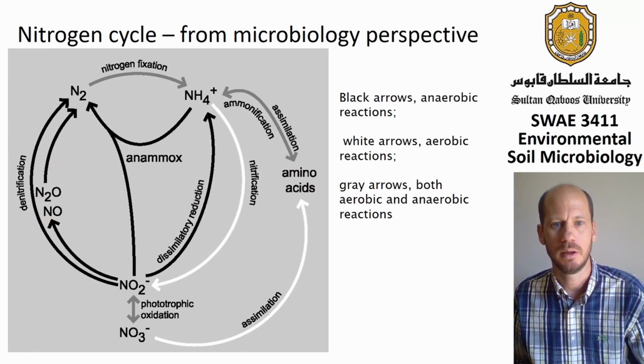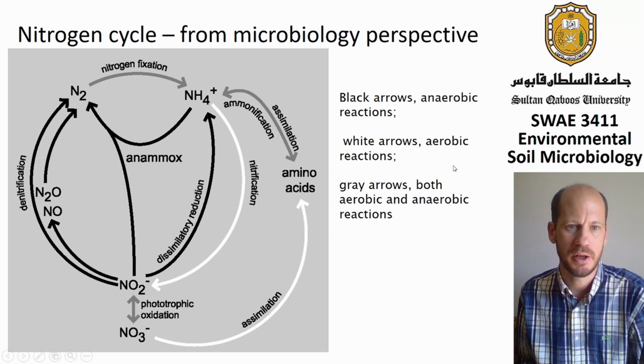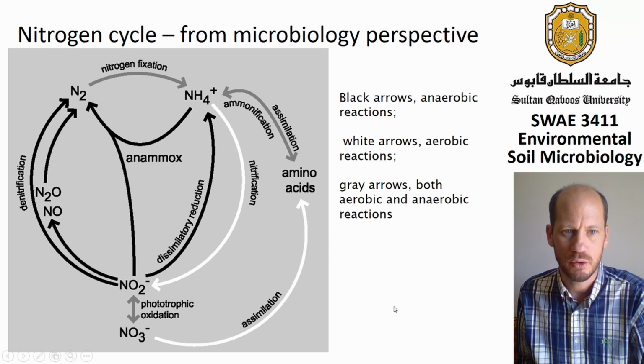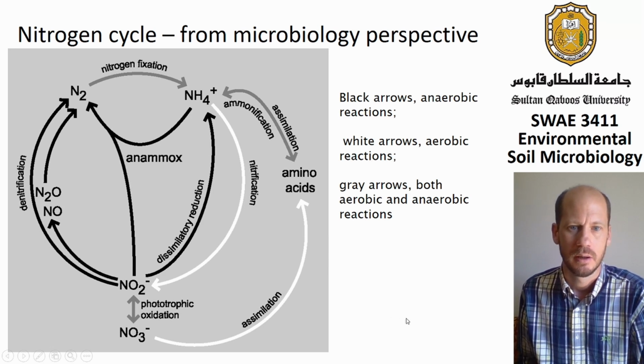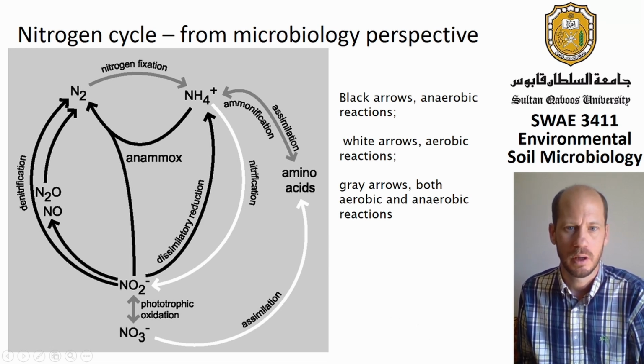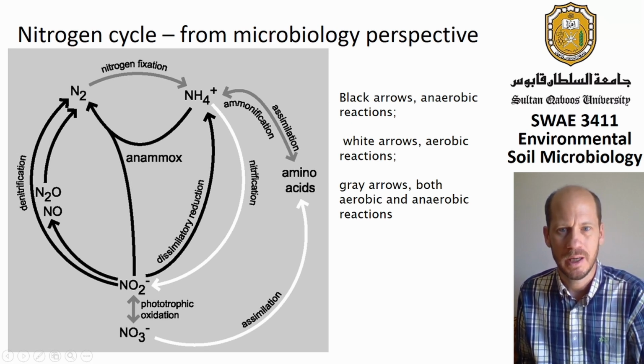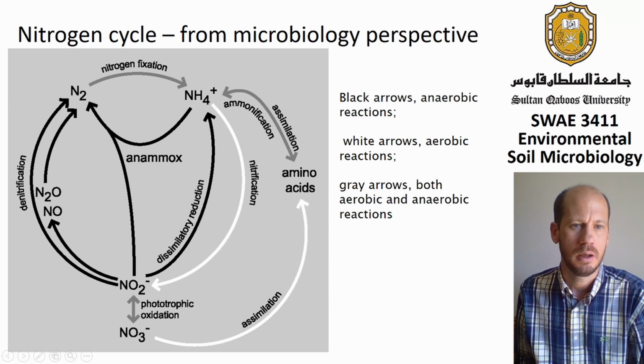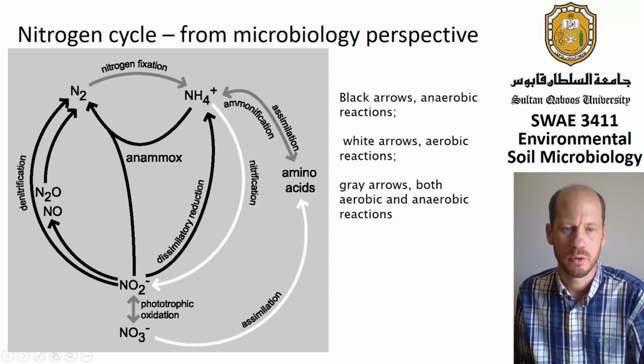So the atmospheric nitrogen, if you look at this figure, before we start, I just want to highlight that the white arrows are aerobic reactions, the black arrows are anaerobic reactions, and the gray arrows are either aerobic or anaerobic.